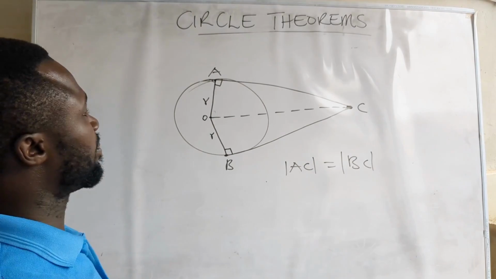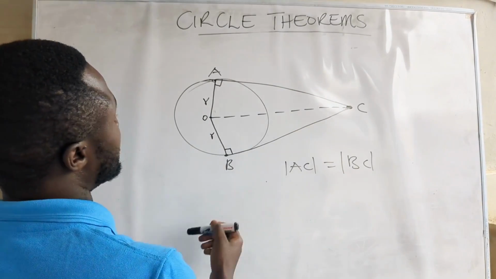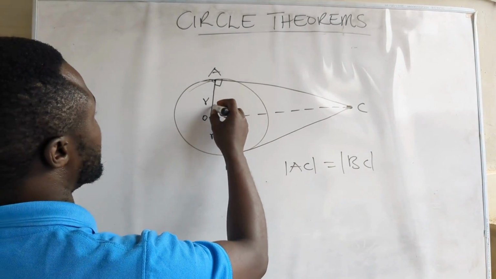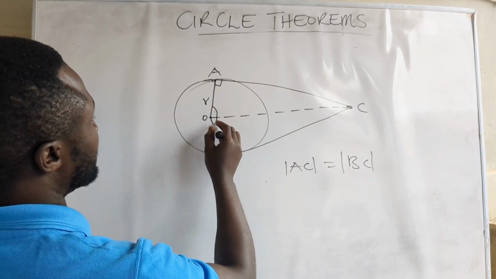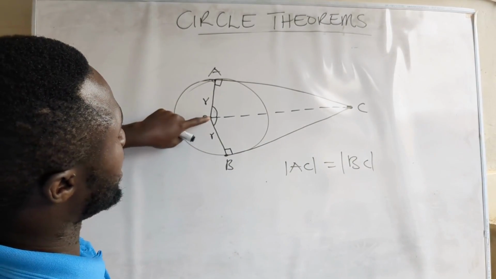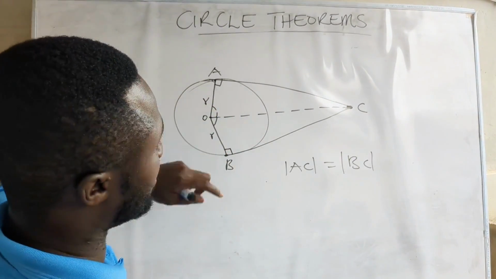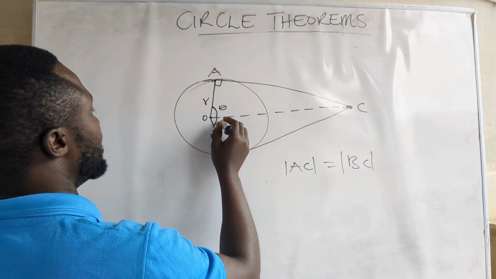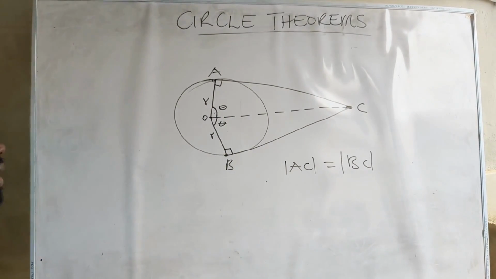This side is the same as this side, and this is the radius. So this particular triangle becomes congruent to this triangle. The reason is that AC is the same as BC, R is the same as R, and we have the same length here, OC. So the angle here also becomes the same as the angle here.